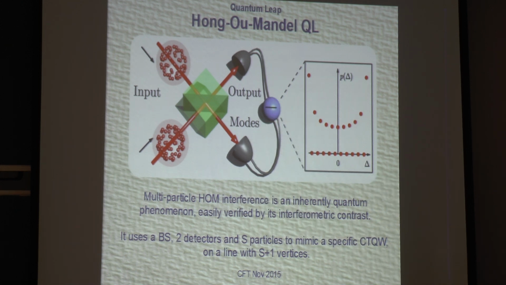And importantly, I am omitting the question whether it's quantum or classical. We know that the Hong-Ou-Mandel interference is an inherently quantum phenomenon if its interference contrast exceeds the value 1/2. Thus, I can easily measure the contrast. This is something one can easily do. I measure contrast and I know.